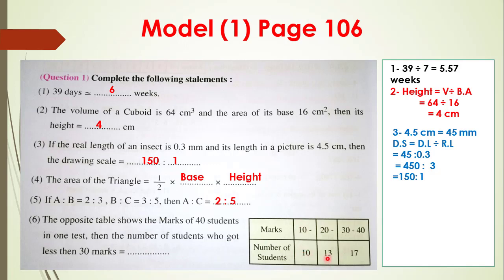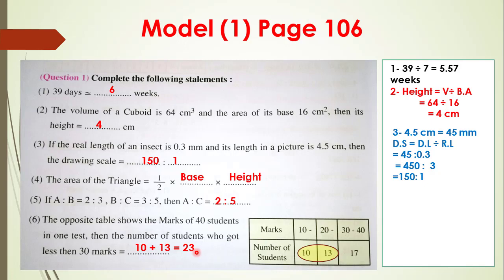We will add the number of students in the two sets. We will add 10 and 13. So the number of students who got less than 30 marks is 23 students. 10 plus 13 equals 23.